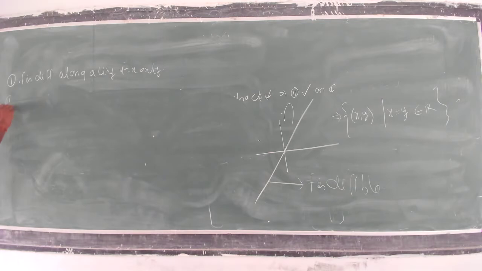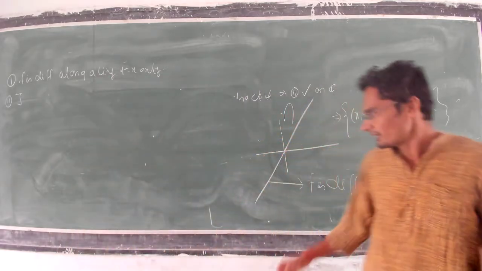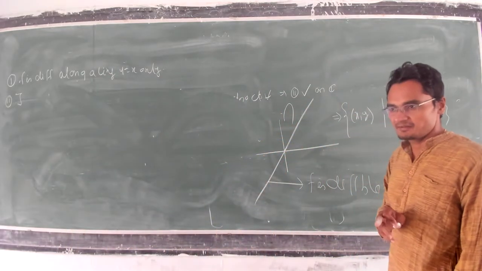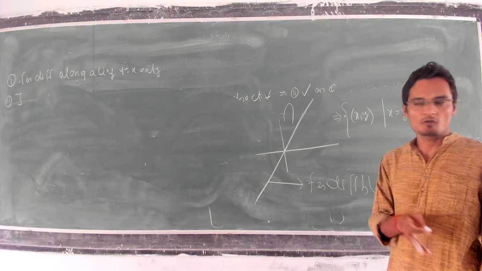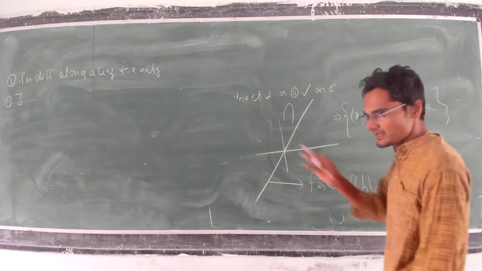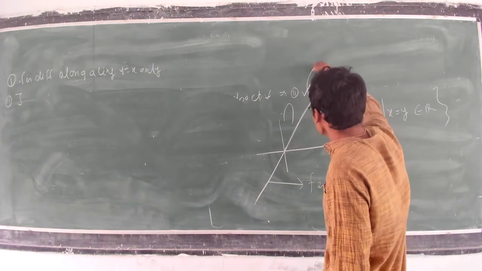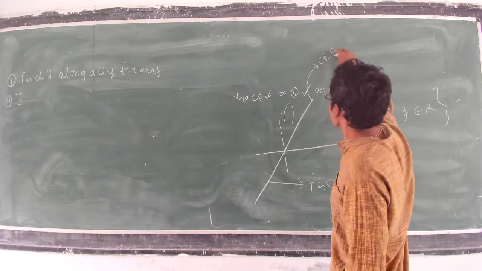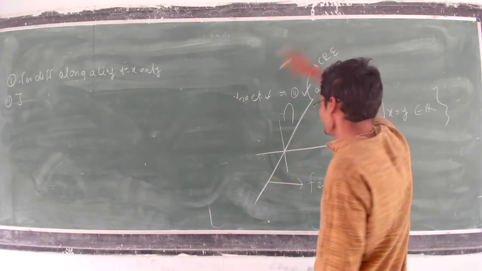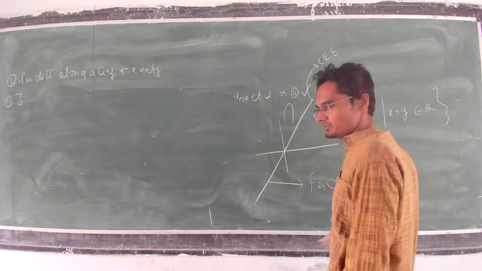Second point, you tell me. The first condition, the necessary condition or Cauchy-Riemann equation (CRE) that ux equal to vy, is CRE satisfied here, right? And the partial derivatives exist everywhere.